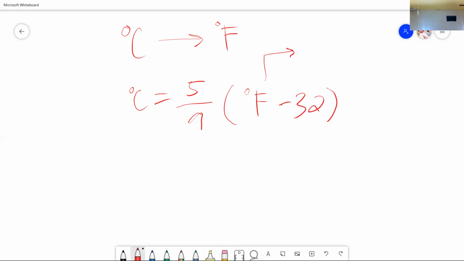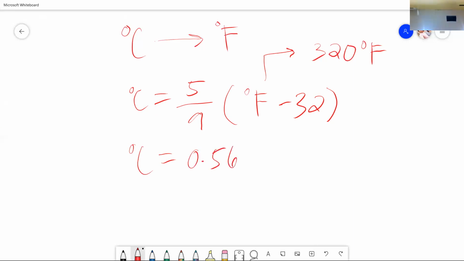What if we have an example of 320 degrees Fahrenheit? Convert the degrees Fahrenheit into degrees Celsius. Let's substitute our value. Degrees Celsius equals 5 over 9. First, we get the quotient of 5 over 9, and that is 0.56.